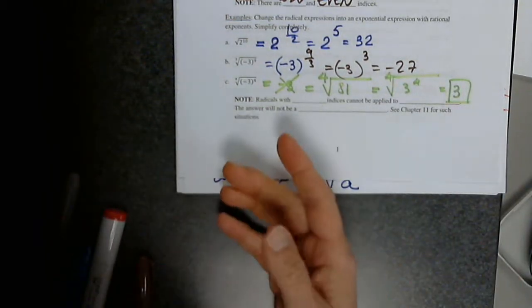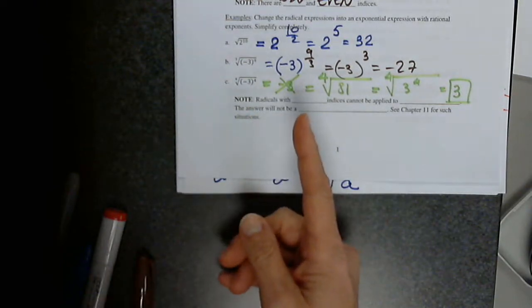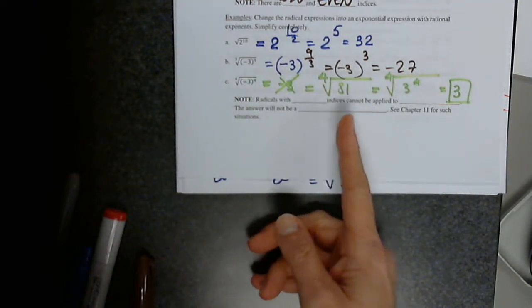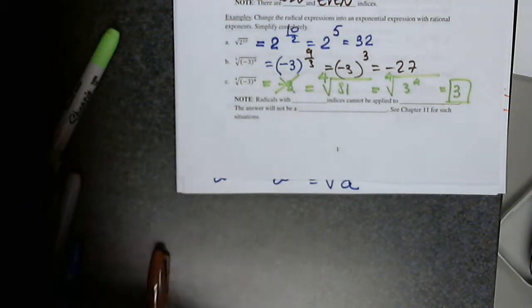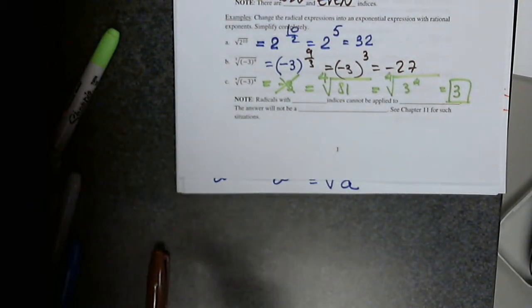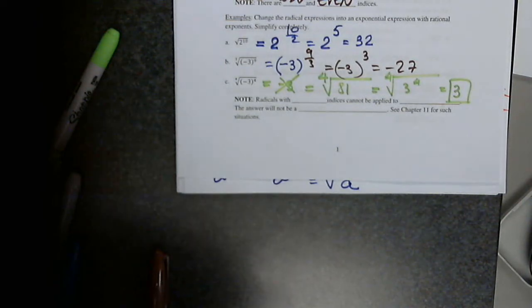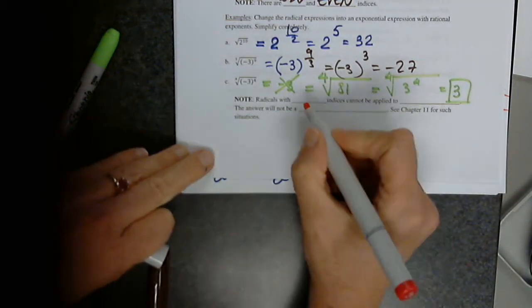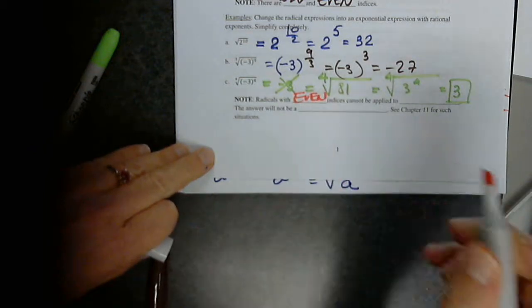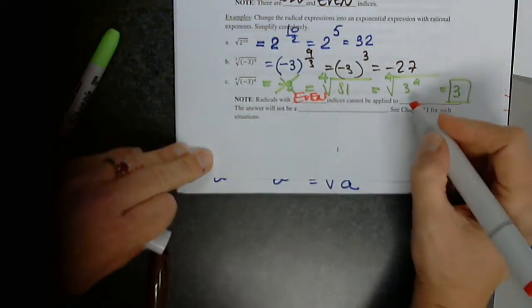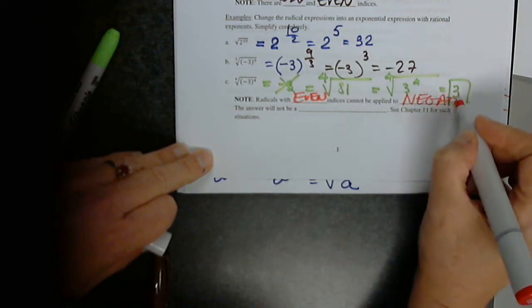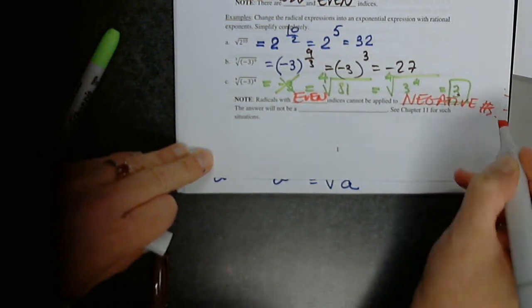So now here's our note. Radicals with even indices cannot be applied to, very good, negative numbers.